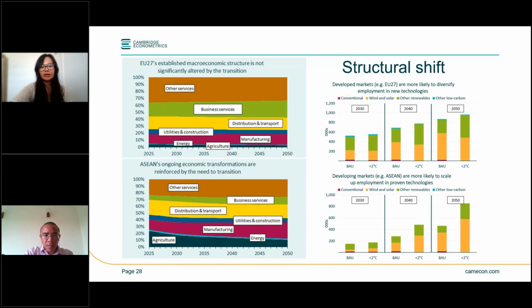All right. So we talk a lot about structural shifts and sectoral implications. It's helpful to take a step back and think about this scenario as one that is very focused on mitigation action, but we recognize that the transition is not just about energy, and there is a role for the intersection of different policy domains to have an influence on the results.